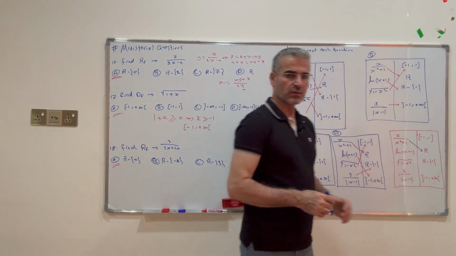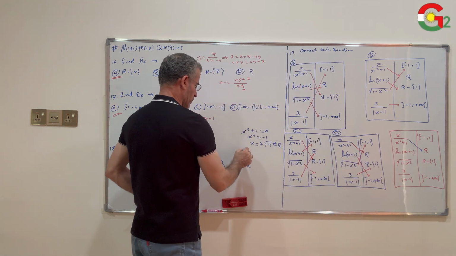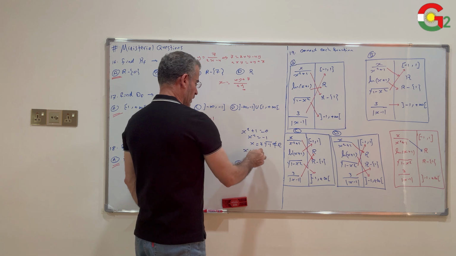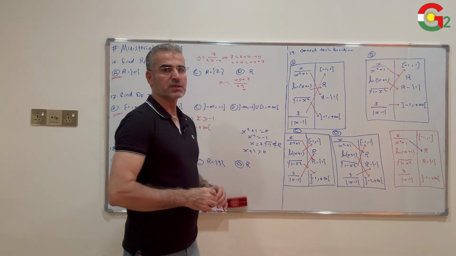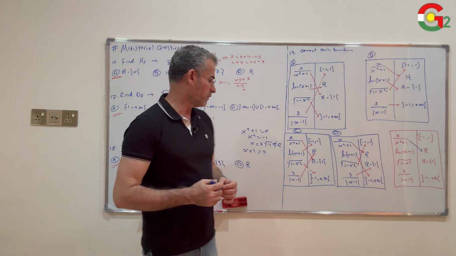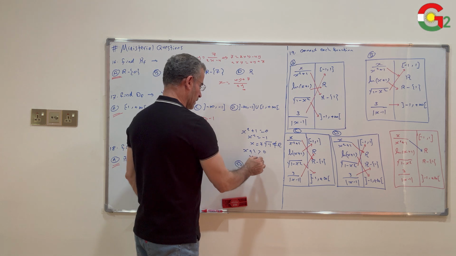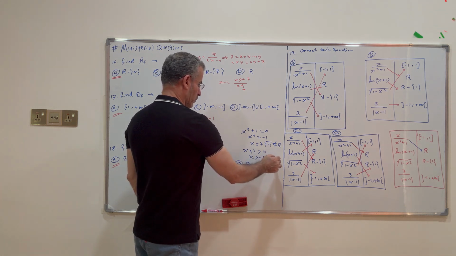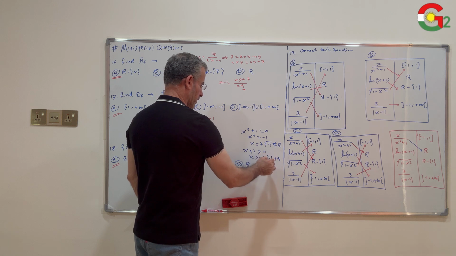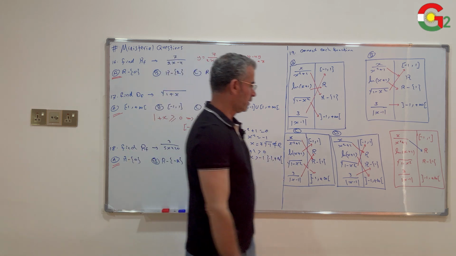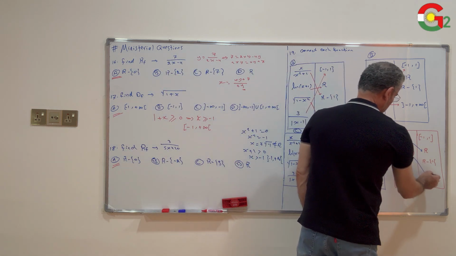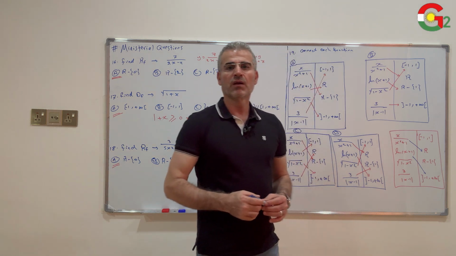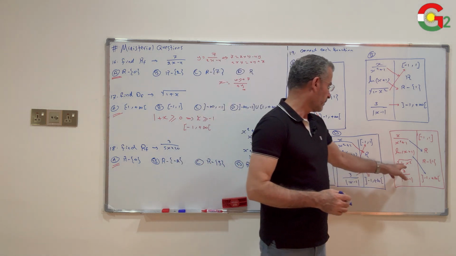Ln of x plus 1: x plus 1 should be greater than 0, since it is defined only for positive numbers. Then x is greater than negative 1, and the domain is negative 1 to positive infinity, open bracket. Negative 1 to positive infinity is the last choice.